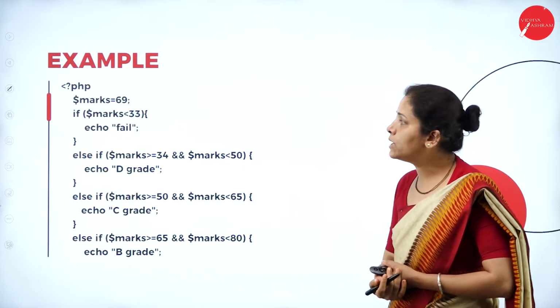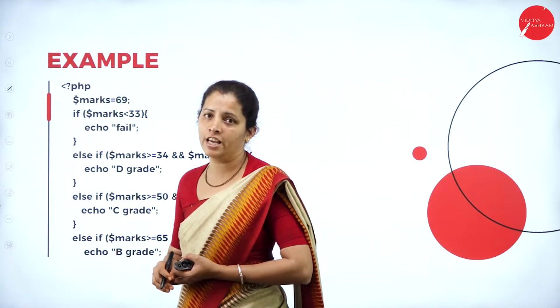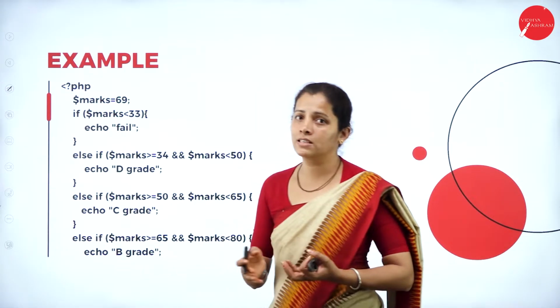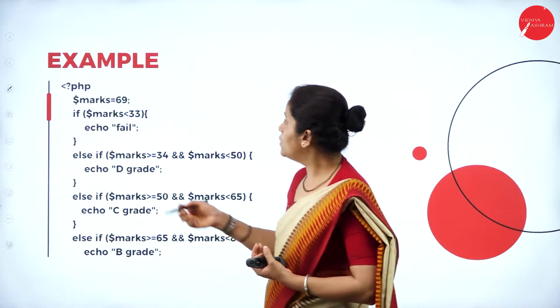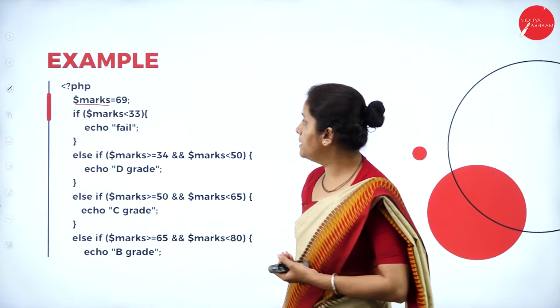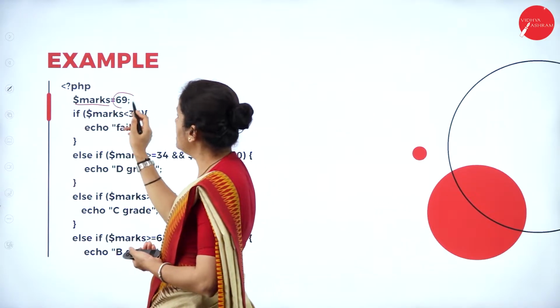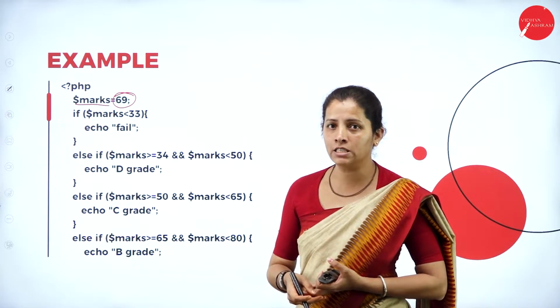Now let me consider a simple example here. This is the program to check whether the result is first class, second class, distinction, or fail. What's my variable name? Marks is the variable name, and I'm assigning the marks 69. So 69 is just a first class.